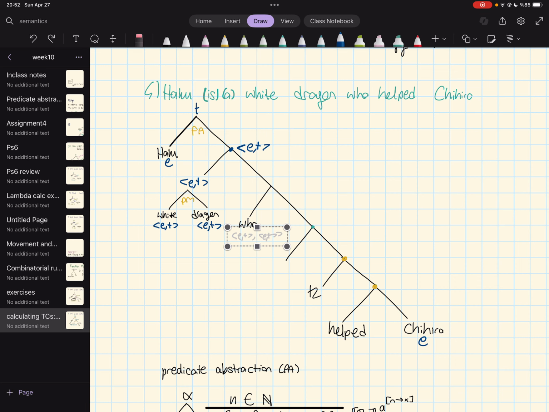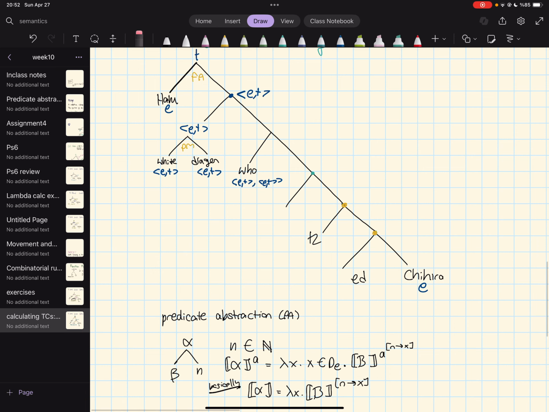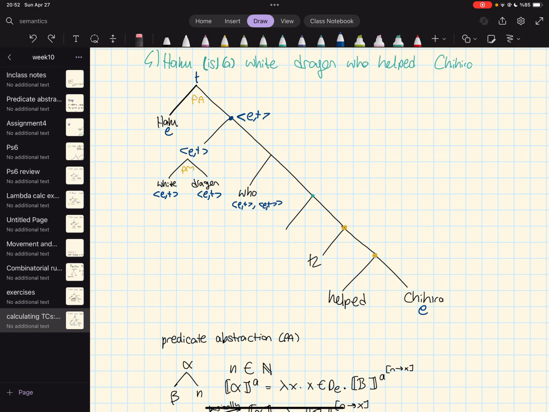Alright, now, what about its mother then? Well, I don't know what its mother could be, so let's take a look down there. Help. Help is a two-place predicate because, as you see, we have 2 arguments here, Haku and Chiro, so therefore it would need to take 2 E's, 2 entities as its arguments, and then return a truth value.